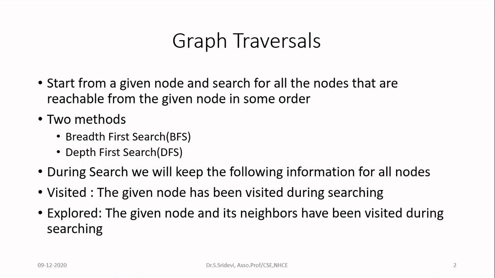Another is called explored. Explored means that for a given node, you check whether the neighbors of that node have been visited or not. So visited tells whether you have visited a particular node, and explored tells whether you have explored all the neighbors of that particular node. These two pieces of information we have to keep track of when we do the searching.